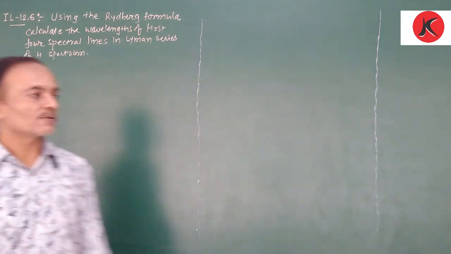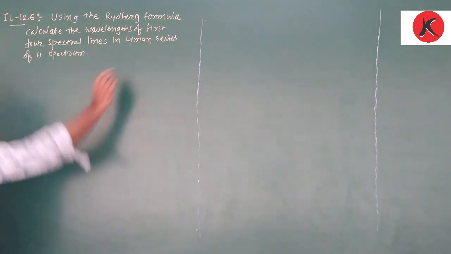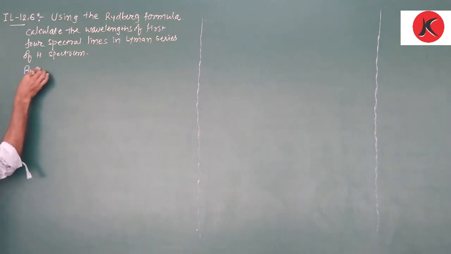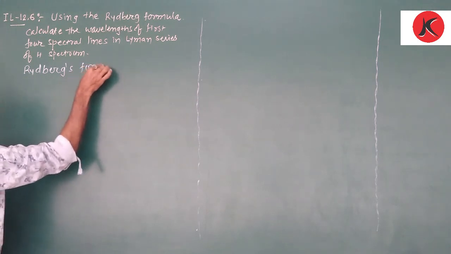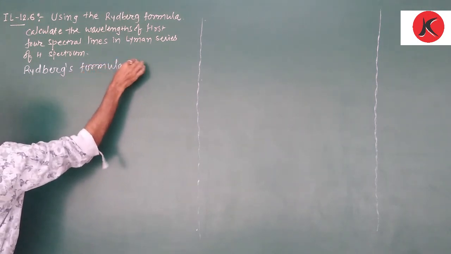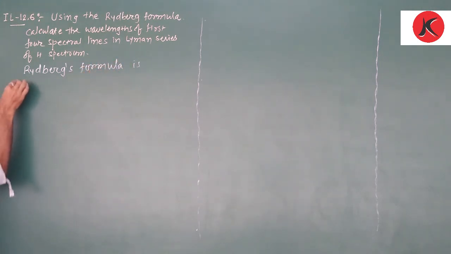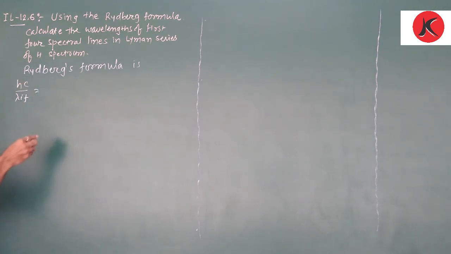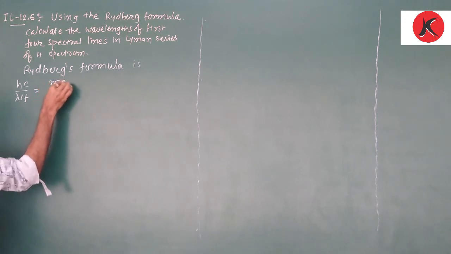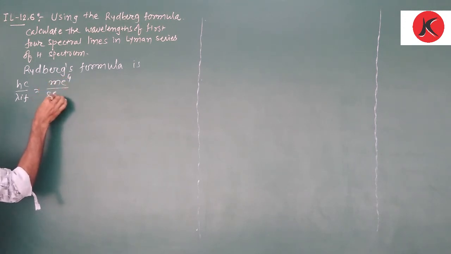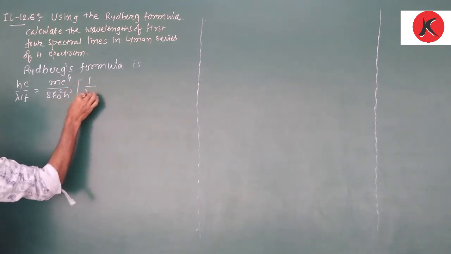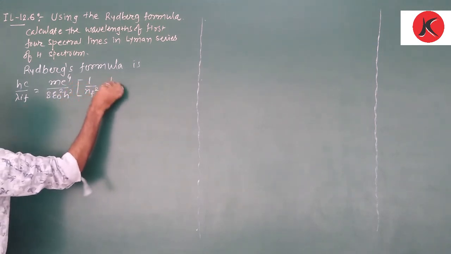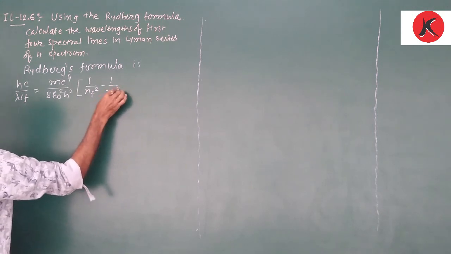Now, what is Rydberg's formula? Hc upon lambda if is equal to m e to the 4 upon 8 epsilon 0 square h square into bracket 1 upon nf square minus 1 upon ni square.